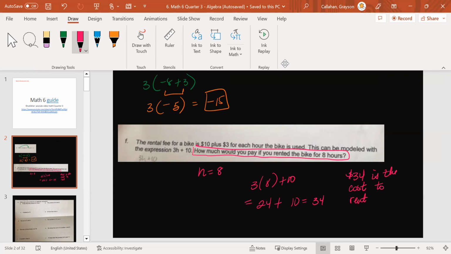Read the question. So read over here. Is the cost to what? Is the cost to rent the bike for 8 hours? You don't need to answer the question when the question is given to you in the problem. You go back to it.